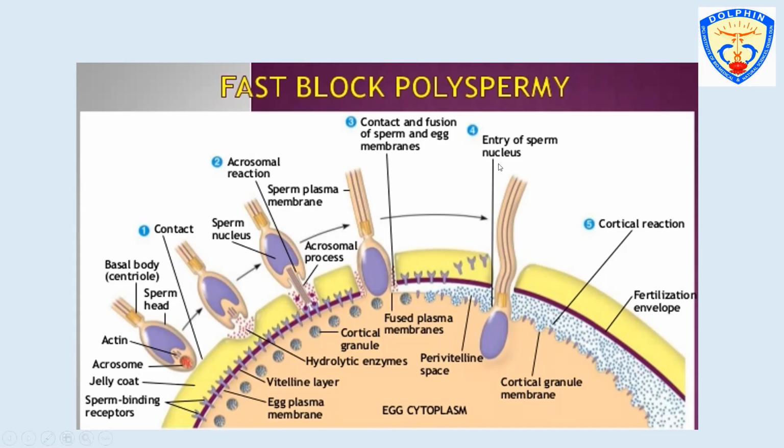Once this has happened, the cortical granule membrane will dissolve and release certain chemicals and they will form the fertilization envelope. This is called the cortical reaction, which will further prevent the entry of more than one sperm.